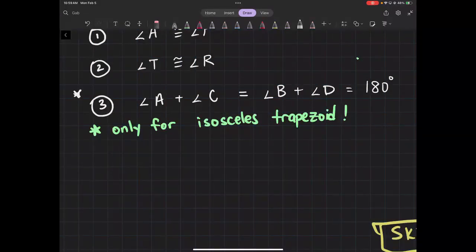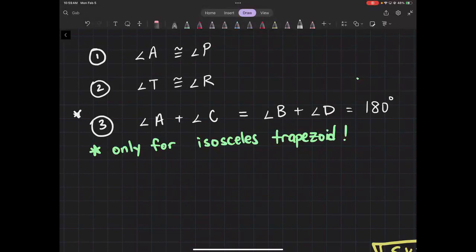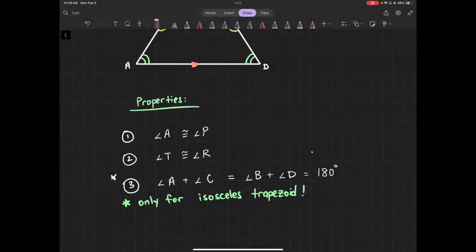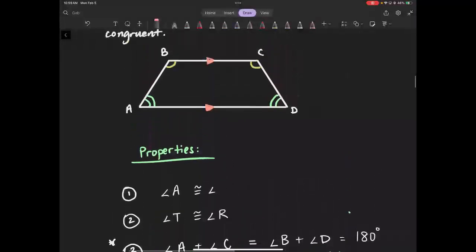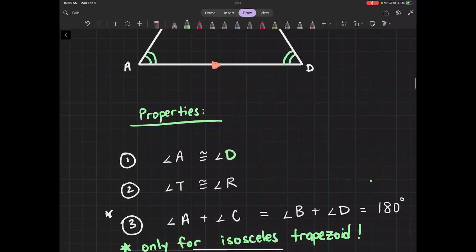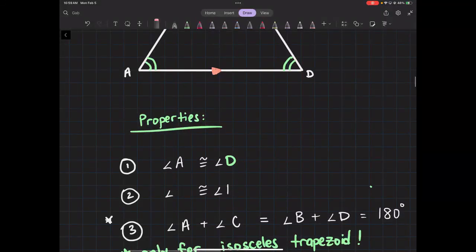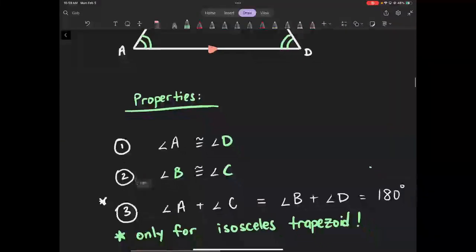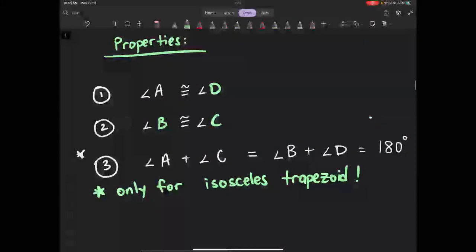Number 1 and 2, I don't need you to copy down because they were mislabeled. Let me just fix it. If you copied it down, it should look like that.